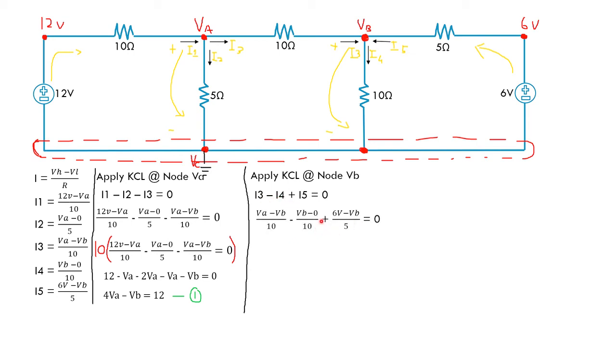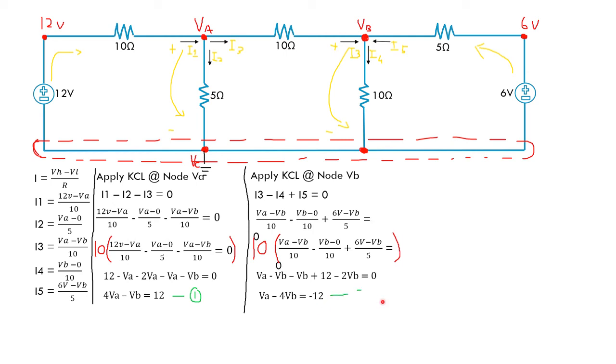We can solve by multiplying by 10, and then we get VA minus VB minus VB plus 12 plus minus 2VB equal to 0. The final answer for equation 2 is VA minus 4VB equal to negative 12. Okay, this is our second equation.